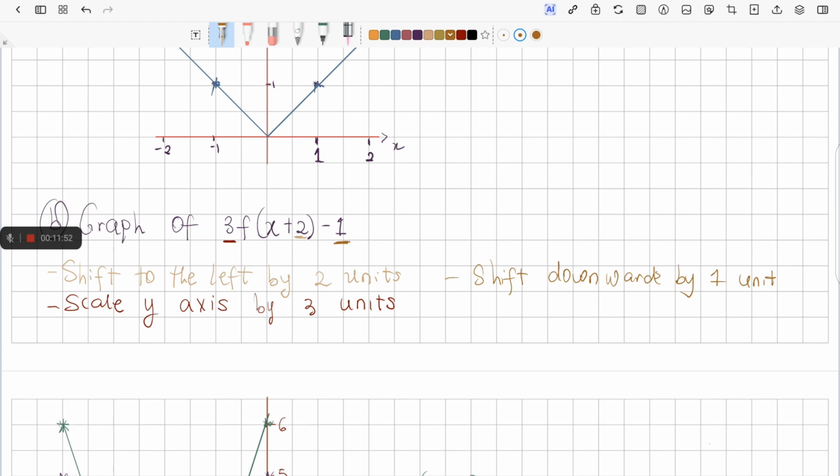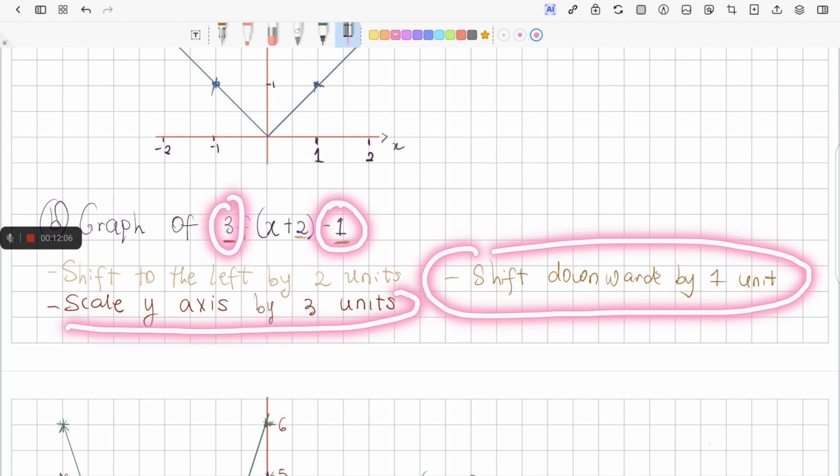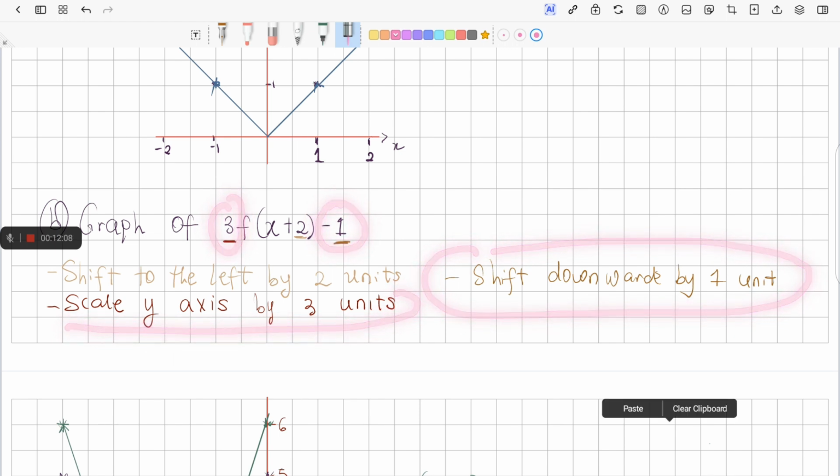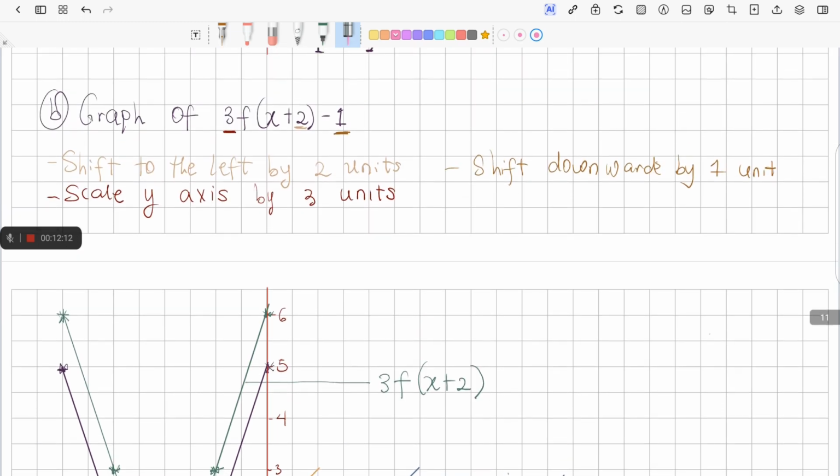That's along the x-axis. Then because we have a 3, we scale the y-axis by 3 units. And then because we have a minus 1 here, we are going to shift downwards by 1 unit.